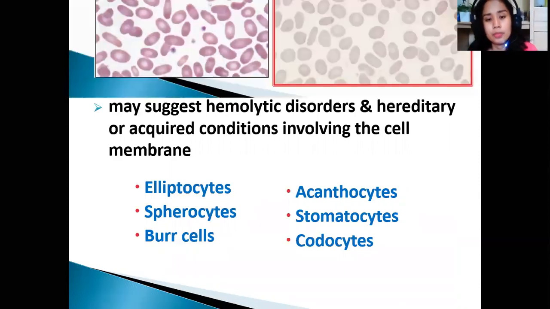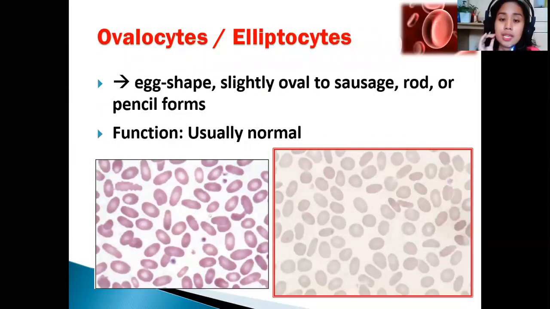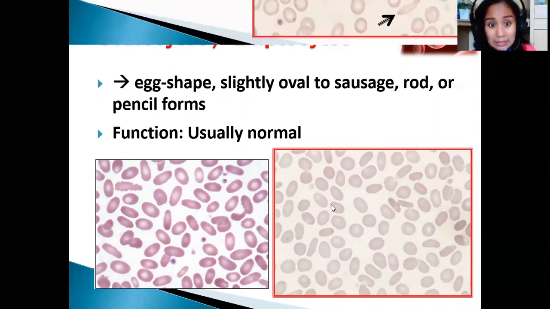Let's start with ovalocyte and elliptocyte. Egg shape points to ovalocyte. An elliptocyte is usually a rod shape, sausage shape, or pencil shape. Though they look abnormal, they function normally.